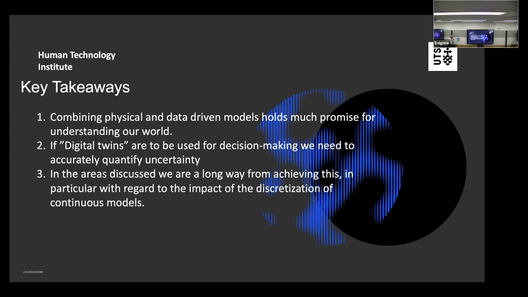In the areas that I've discussed, we're a very long way from actually achieving this, particularly in regard to the impact of discretizing continuous processes and how we do that in a better way.